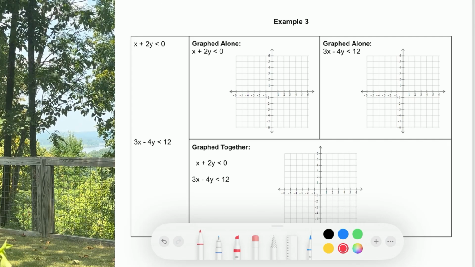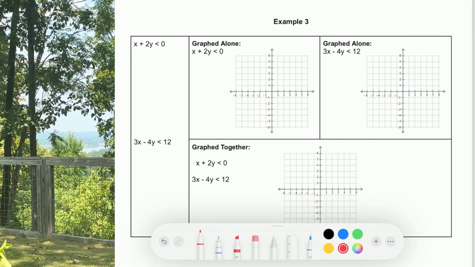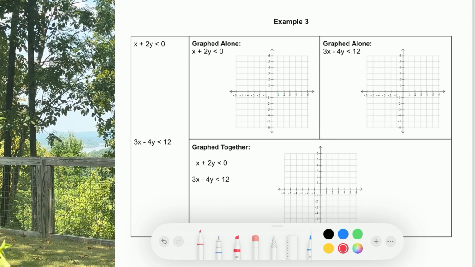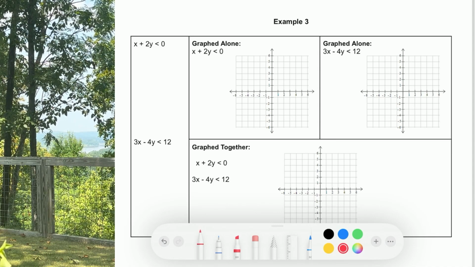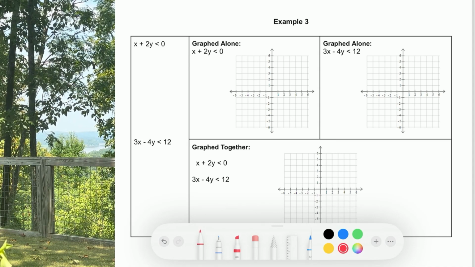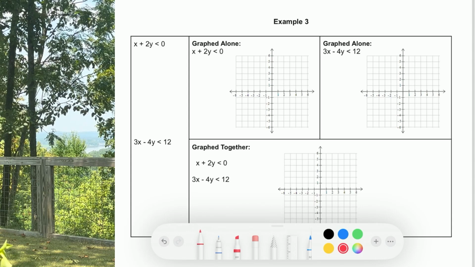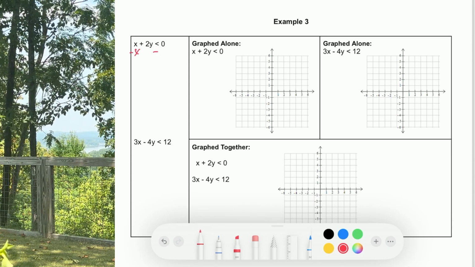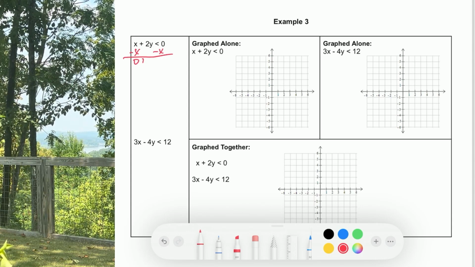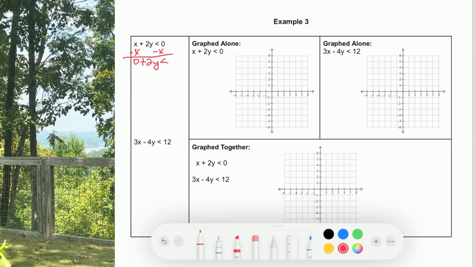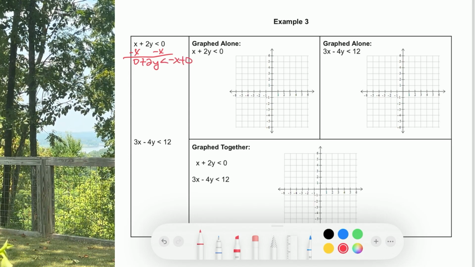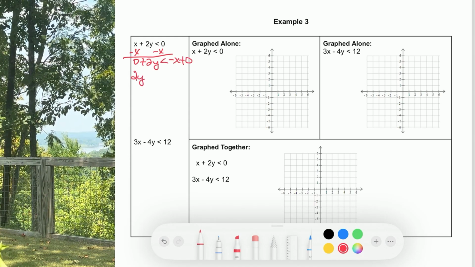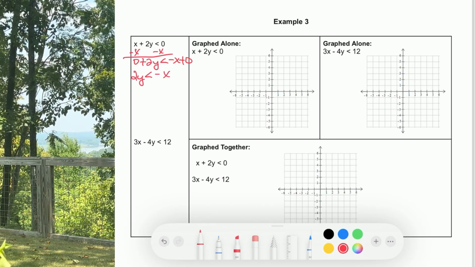Again, we're going to start with getting our y-intercept, our y equals mx plus b form, our slope-intercept form. So let's start there. I'm going to do this one in red. So minus x, I get 0 plus 2y is less than negative x plus 0. So that's 2y is less than negative x plus 0.